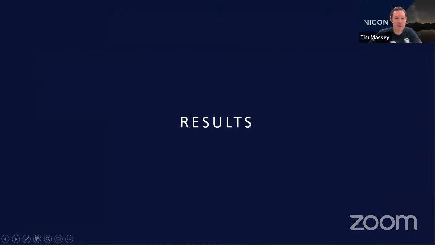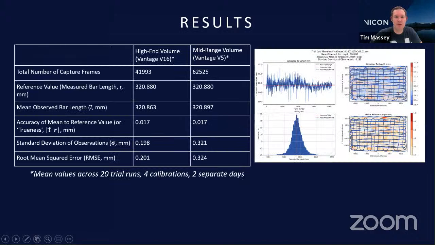So those of you that haven't seen the results, I'm sure are on tenterhooks by now to know what the results are. So here are the key figures. We looked at two different volumes, essentially a very similar setup, but one with our V16, which is our highest resolution camera, and one with a Vantage V5, which is somewhere in the middle of the range, essentially.